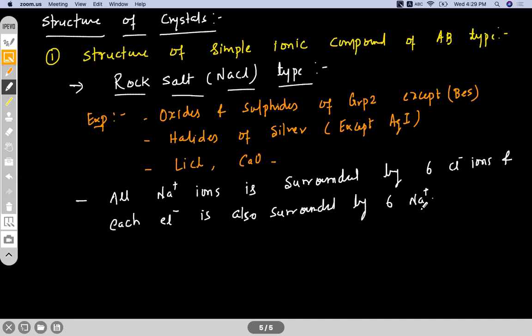Coordination number is 6, and hence this type of crystal we also call a 6:6 arrangement. Important. This question also they ask in the exam. What kind of arrangement is there? 6:6 arrangement. Okay.